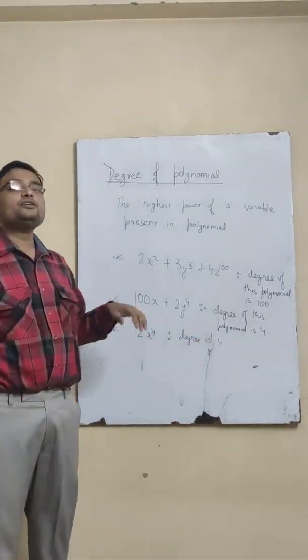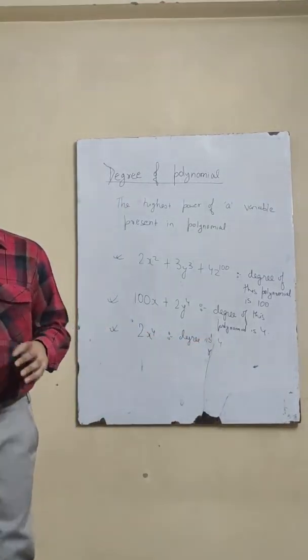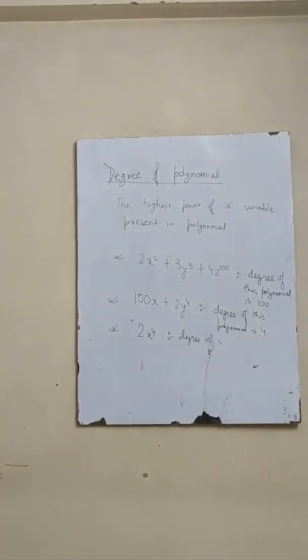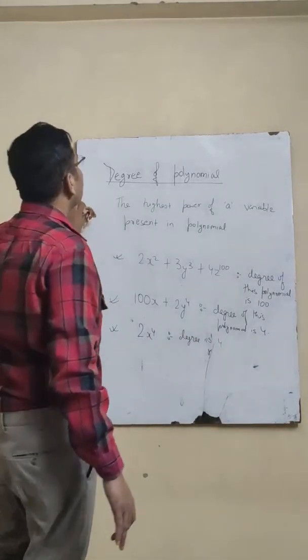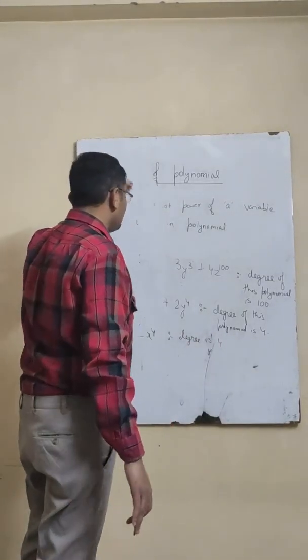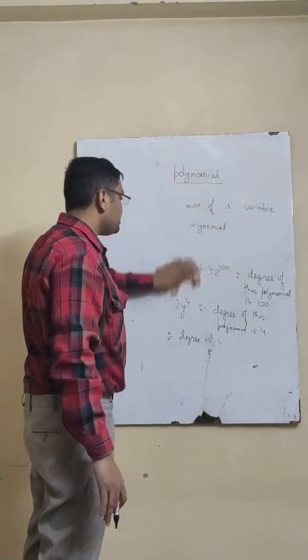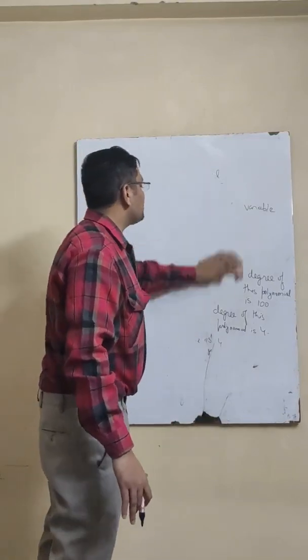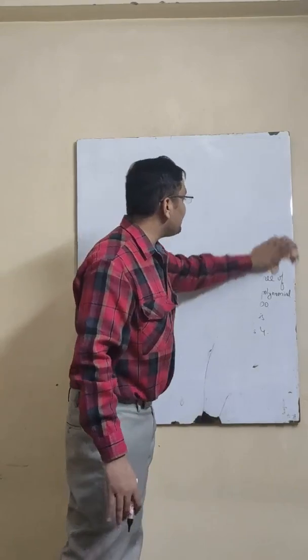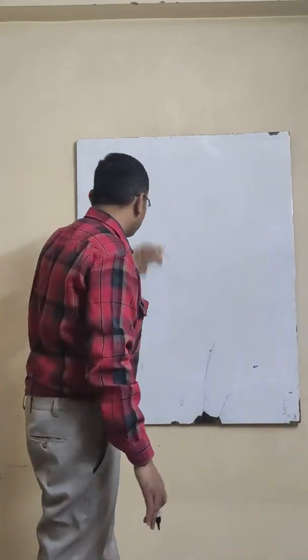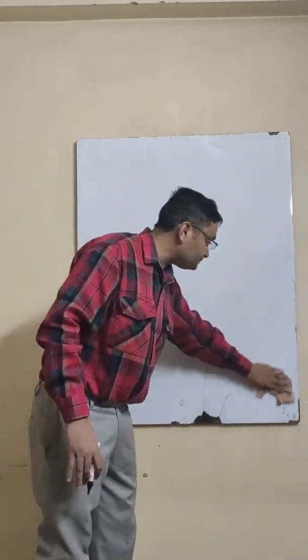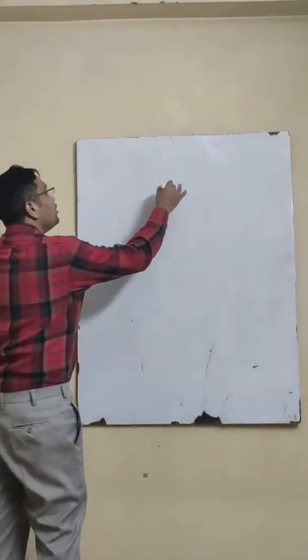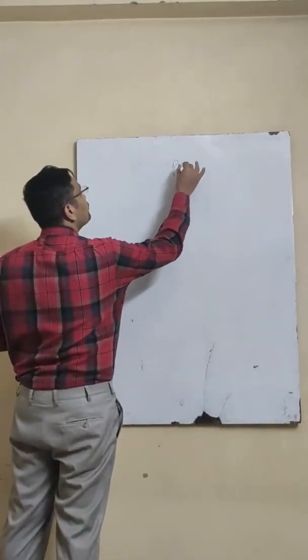So let's proceed to another topic, types of polynomial. Now I will discuss types of polynomial on the basis of degree. The concept of degree is clear now, so we will classify the polynomial on the basis of degree.